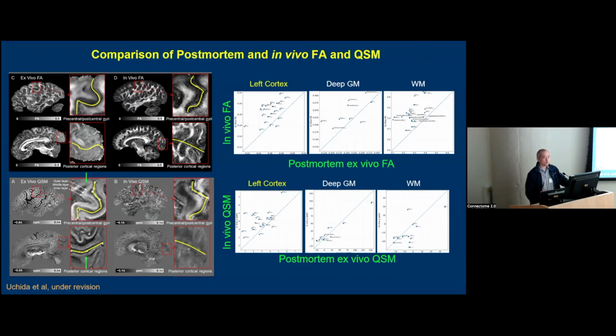And in terms of the comparison between ex vivo and in vivo, they showed moderate positive correlations, suggesting that, at least in the ex vivo sample, we had the anisotropic microstructure and also the myelin and iron content preserved in the postmortem sample.